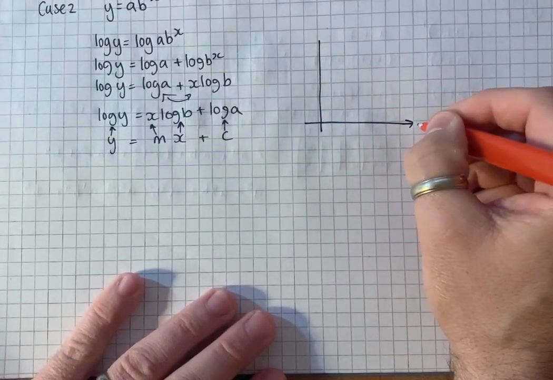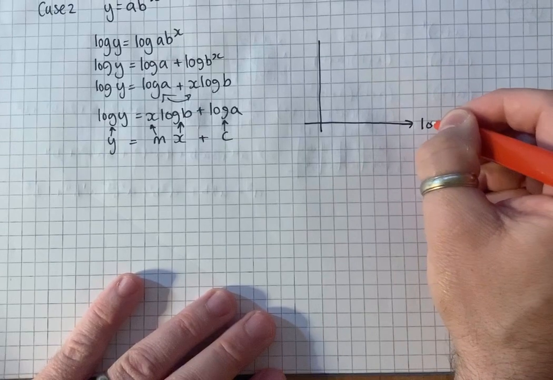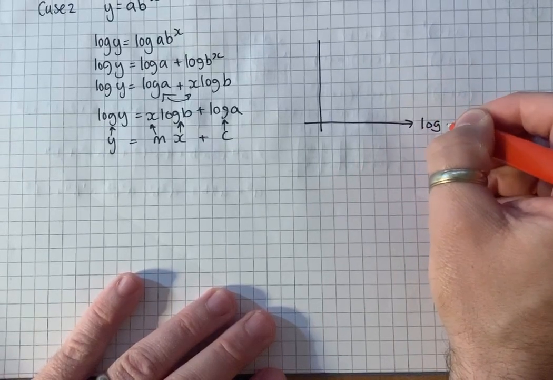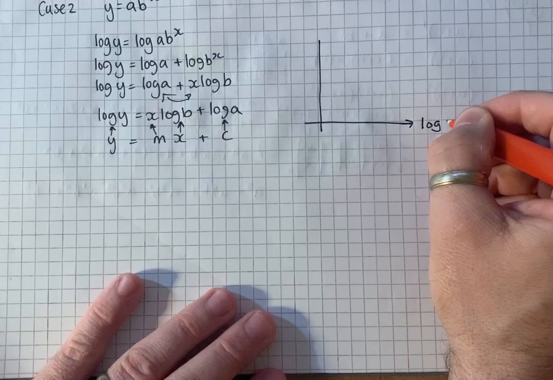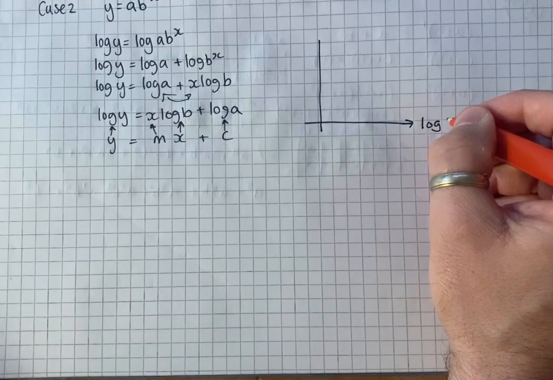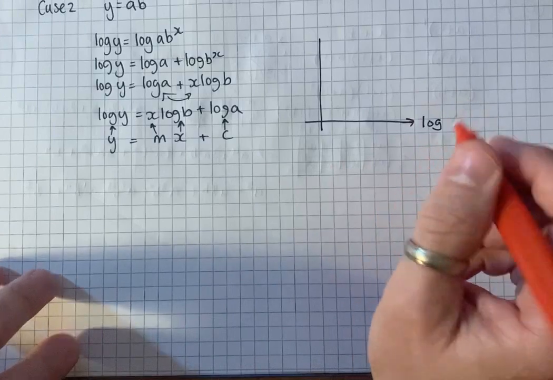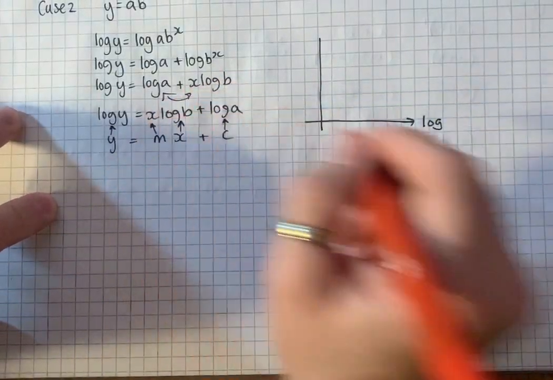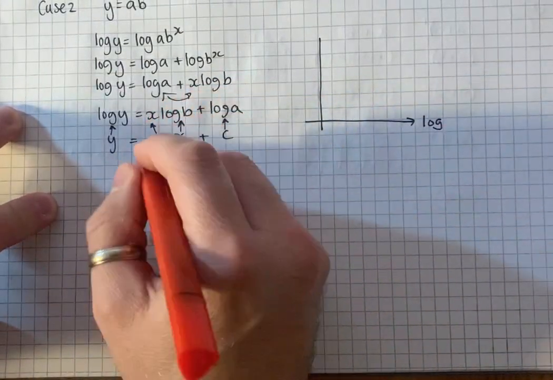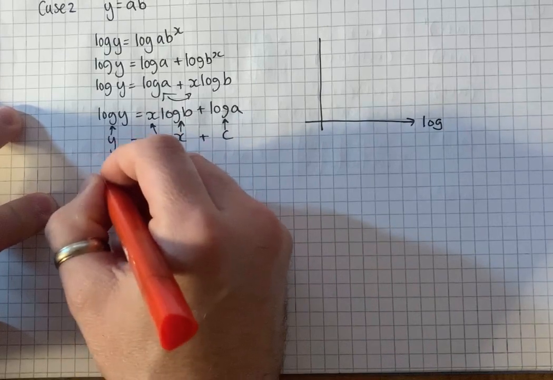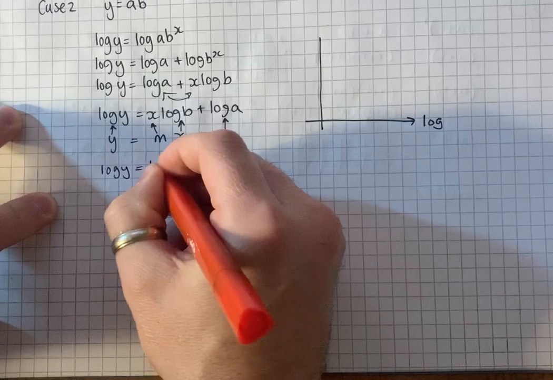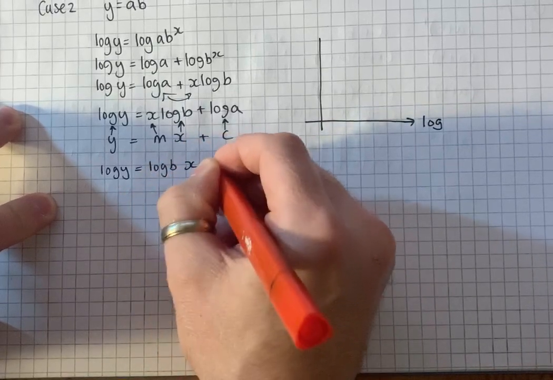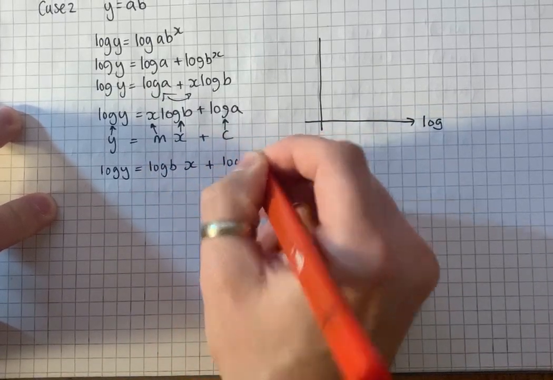So on the horizontal axis, we're going to have, now, what I'm going to do here instead is write it as log y equals log b x plus log a.